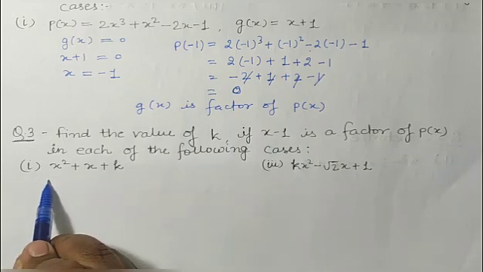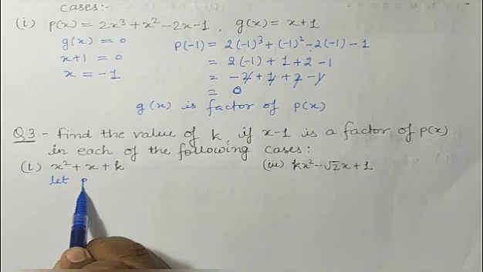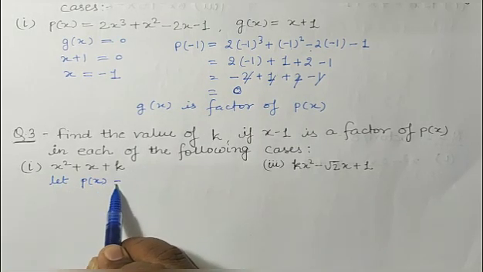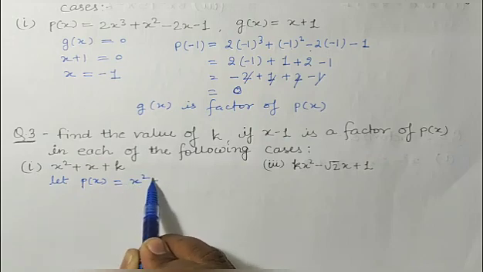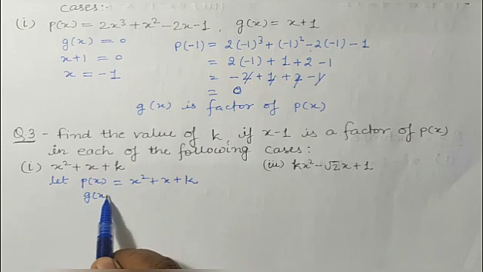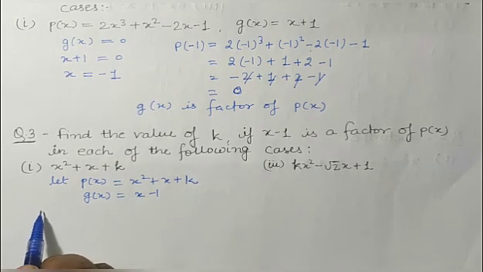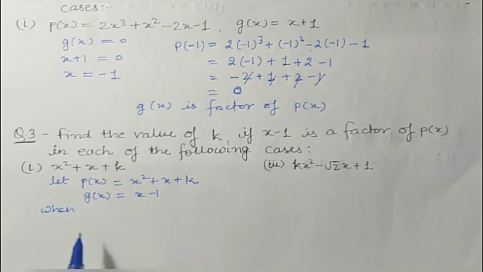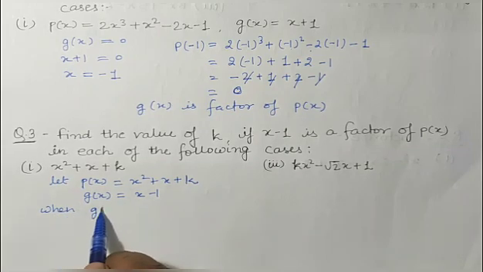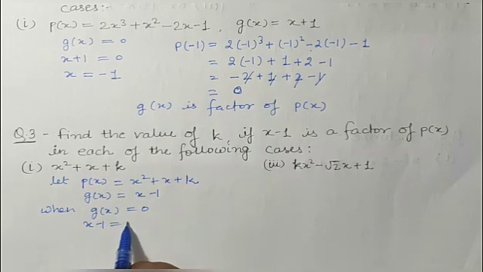Firstly, suppose p(x) is x square plus x plus k, and g(x) is x minus 1, given. So when g(x) is equal to 0, means x minus 1 is equal to 0, we'll find the value of x from here.